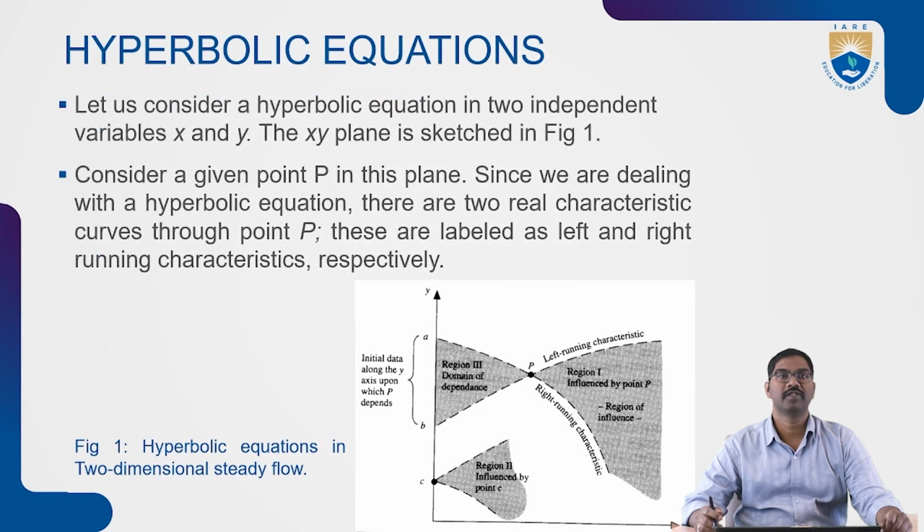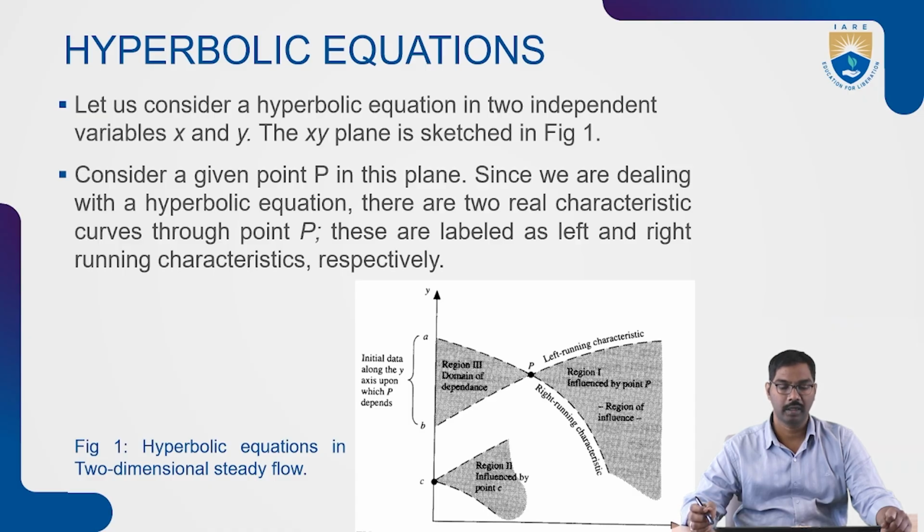First we'll consider the hyperbolic form of equations, and how the mathematical behavior is used to develop the CFD approach. Generally the hyperbolic form of equations has two real roots, so for any solution point in the domain, it will have two real roots.